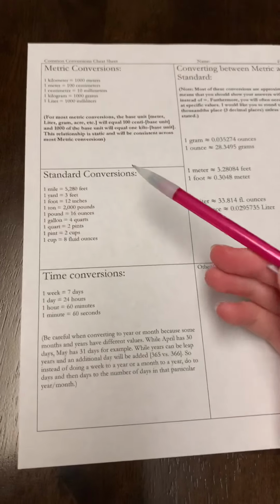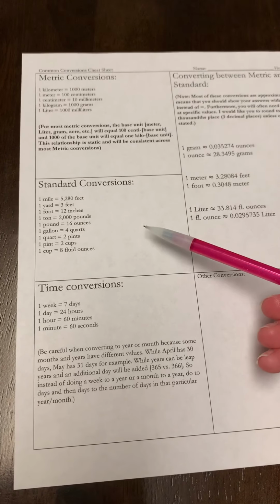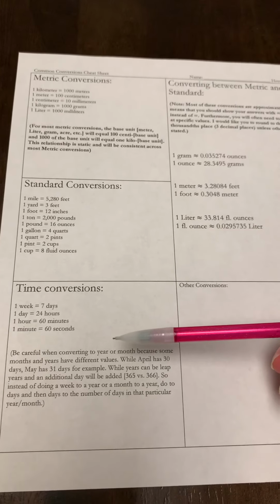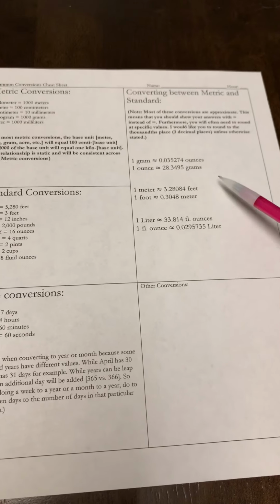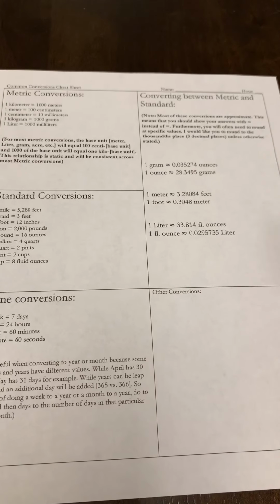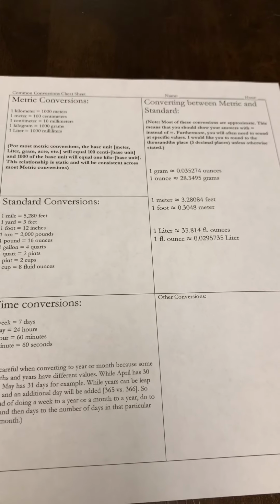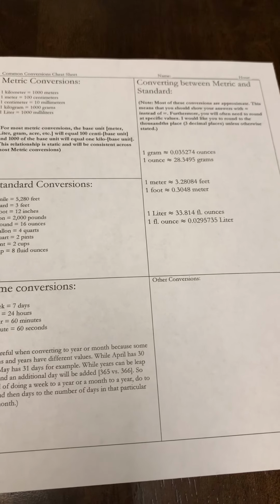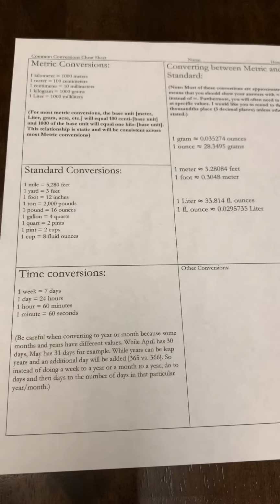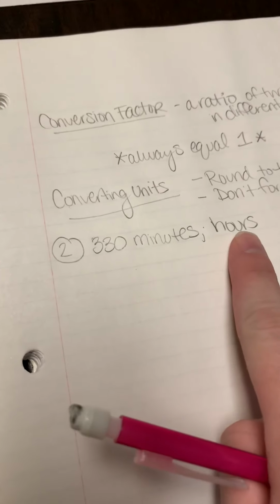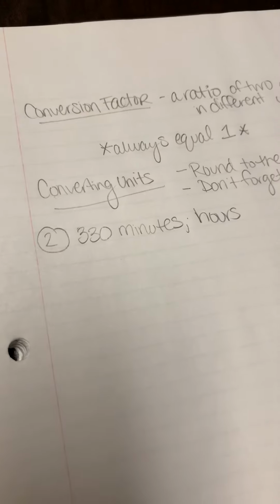So we have metric conversions, we have standard conversions, we have time conversions, and we have converting between metric and standard. And then we have another box here for any other random conversions that we come upon. We are dealing with, for this problem, 330 minutes, and we want to convert that into hours.